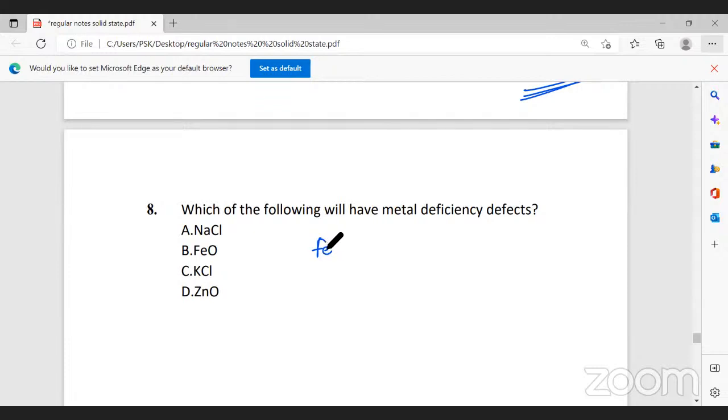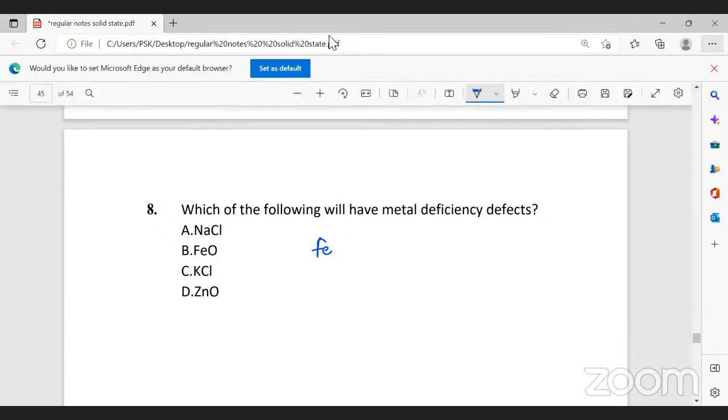What's the charge on iron? Tell me. It is Fe2 plus, ferrous ions. Since I asked the question, you should not stop interacting with me. Fe2 plus.